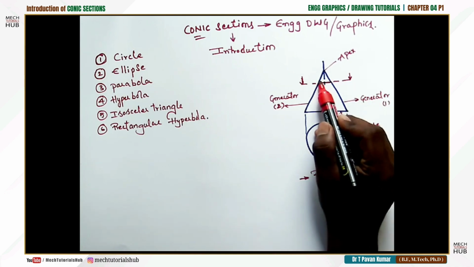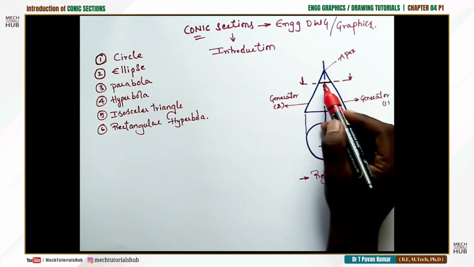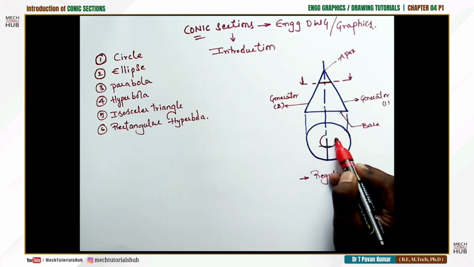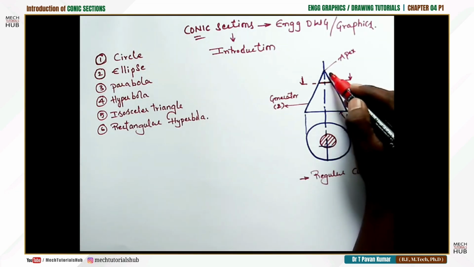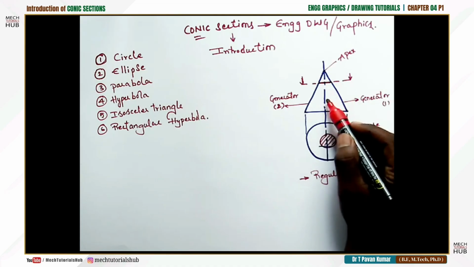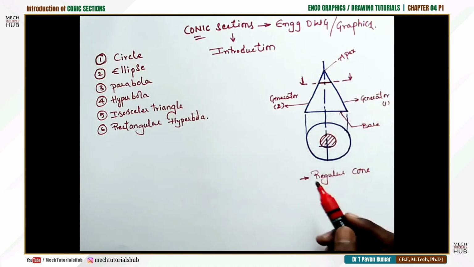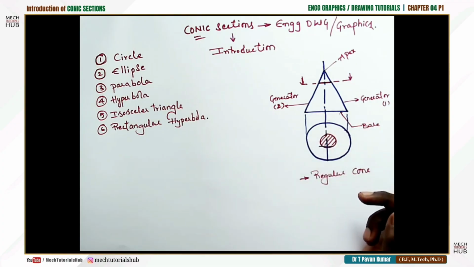If I cut horizontally with respect to the base, then from the top I could see a smaller circle, which I'll hatch. The apex portion is the portion which gets removed, and this is the portion which will remain. When I view from the top, I could see the bigger circle followed by a smaller circle. If you cut the cone, you could see a smaller circle from the top.